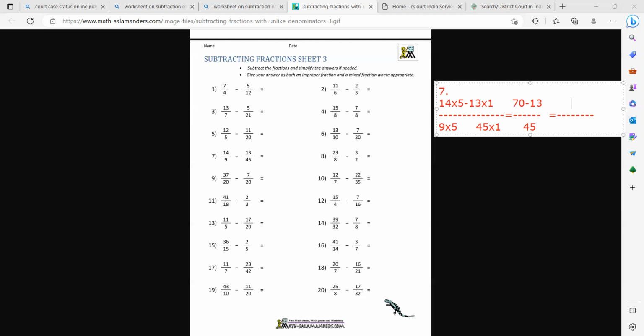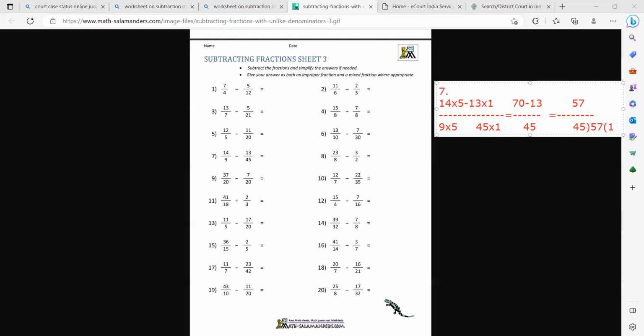0 minus 3 is 7 and what we have? 7 minus 1 is 5. 57 by 45. So when we divide 45 and 57, what is the answer coming?